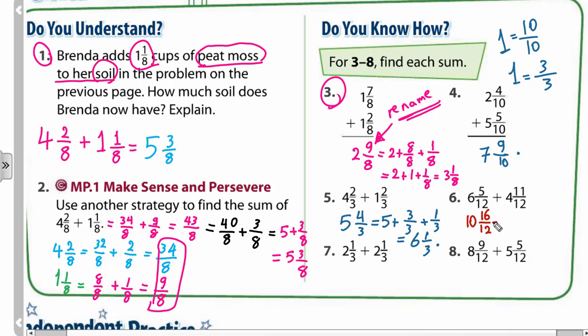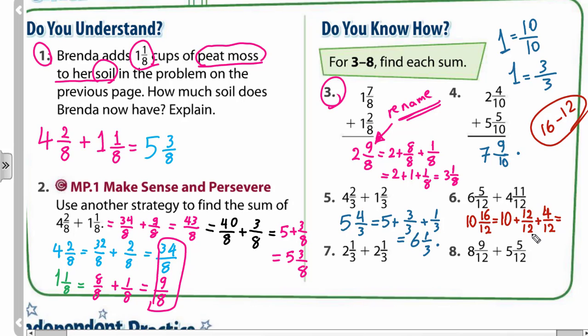Yes, we need to. Okay, so this is the 10 as it is, plus we will take 12 twelfths, and the remaining will be how many twelfths? 16 minus 12 equals 4.